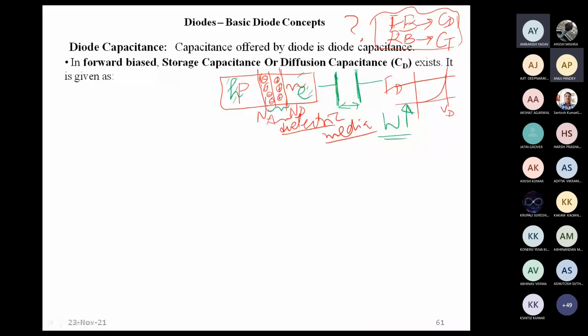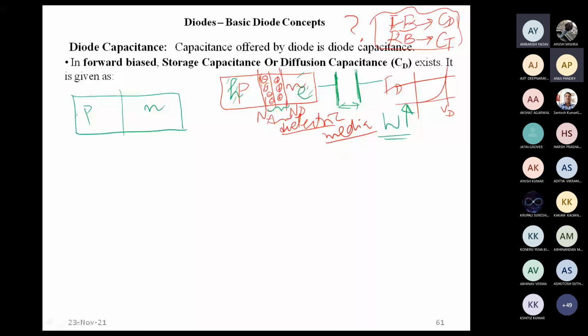Similar is the case in the forward bias. Okay, so in the forward bias, let us try to understand qualitatively what is actually happening. Then we can understand the set of equations, maybe if time allows. So say let us take the PN junction over here in the forward bias.